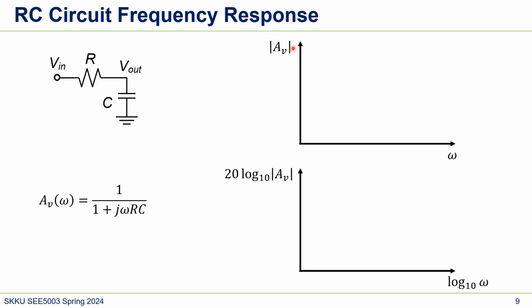We try to draw the absolute value of gain, and that will be 1 over the square root of 1 plus omega squared R squared C squared. And then there's an important frequency, which is the pole frequency. That's 1 over RC.